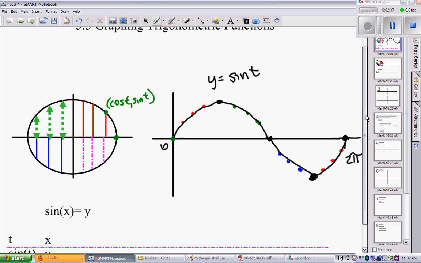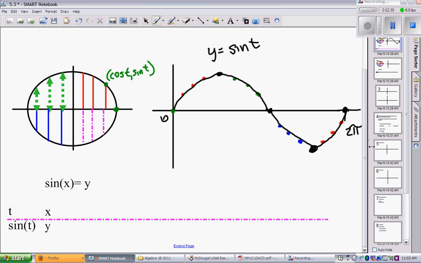You could also get this same graph by filling in a chart. So t, because it's sine of t, that is just like your x value. The sine t that you get out from the point is like your y. So when t or x is 0, you get out 0.